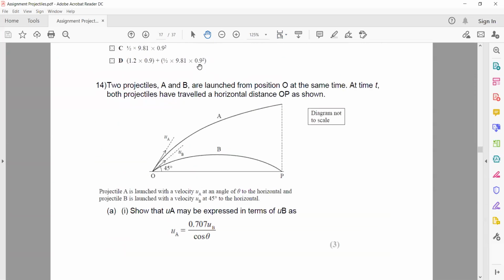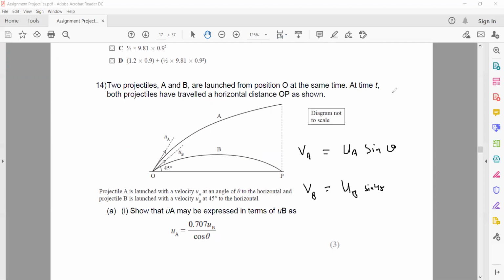Now, as you can see, for UA, the vertical component is given by sine theta. The vertical component of A is UA sine theta, and the vertical component of B is UB sine 45.